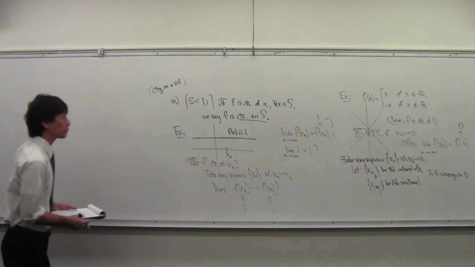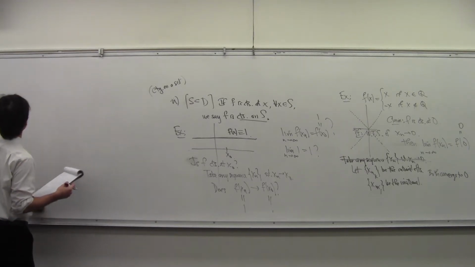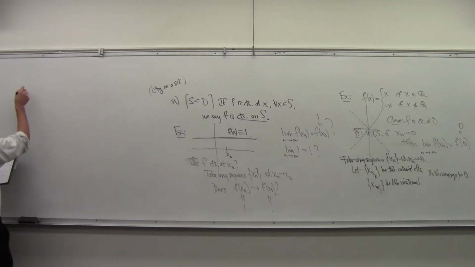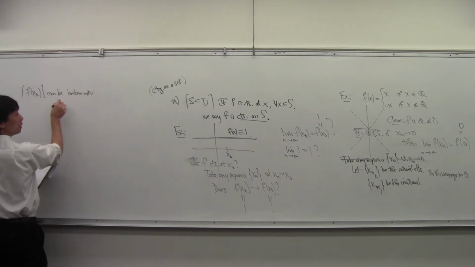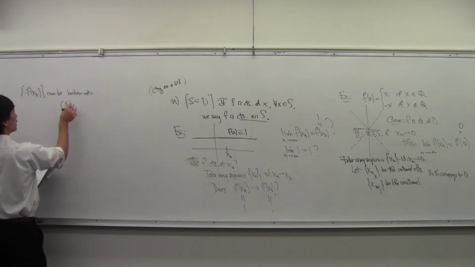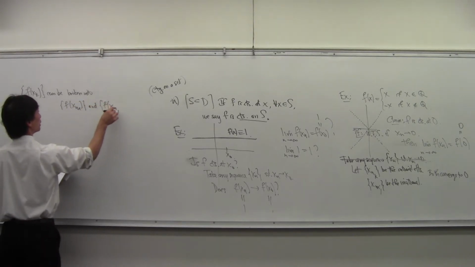Then the sequence f(x_k) can be broken up into f(x_{n_k}) and f(x_{m_j}).